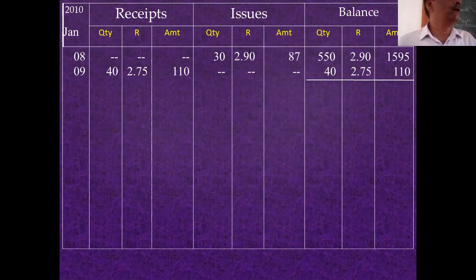Was 2 rupees 75 paisa purchased first, or 2 rupees 90 paisa quantity purchased first? 2.75 is purchased first. Therefore, that is the first, that is to go out first. Okay, this is the one principle. Second principle is you already went out, then again coming in, you come in queue. That is the second way.